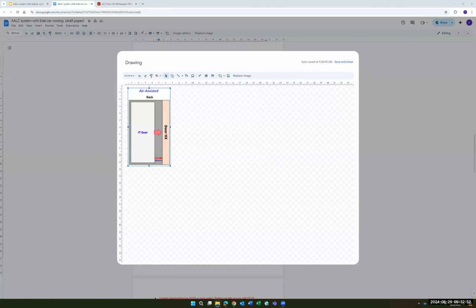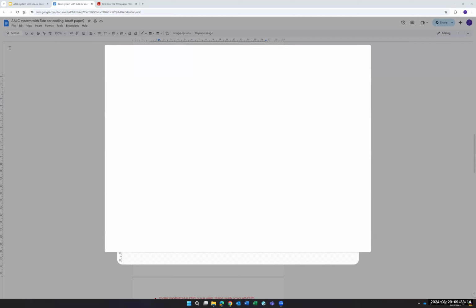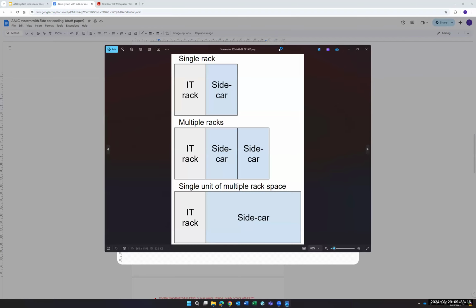So there's a solid upper bound for just how high a cooling capacity you can get for this. And the more liquid cooling you go in the IT gear, the less air you've got through the server, so the less cooling capacity you actually get. Gotcha. So there's a physical upper limit to how high you can get for cooling capacity for this, and if you need more than that, then this is the technology you have to go to.